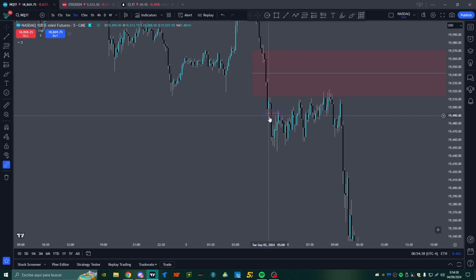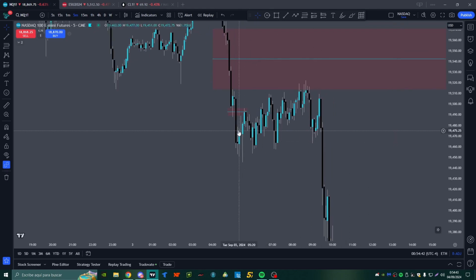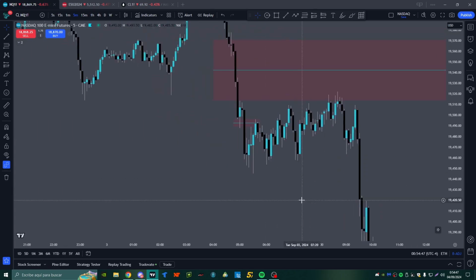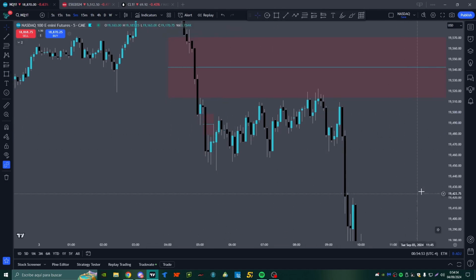Just like here. Look, there's a 5-minute one. When the price starts merging with bodies, there's an initial rejection here. This wick touches the imbalance. It's 50% perfect.